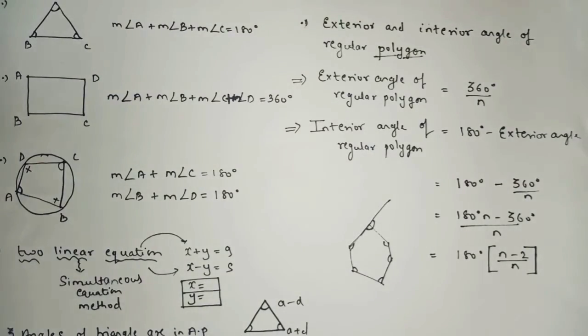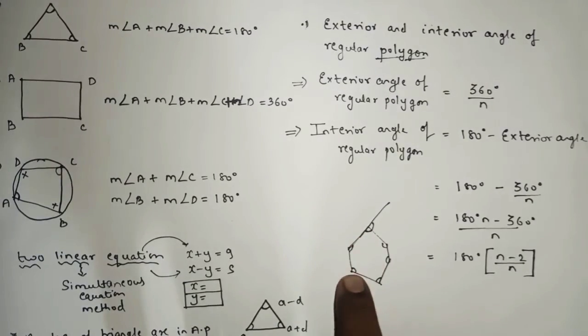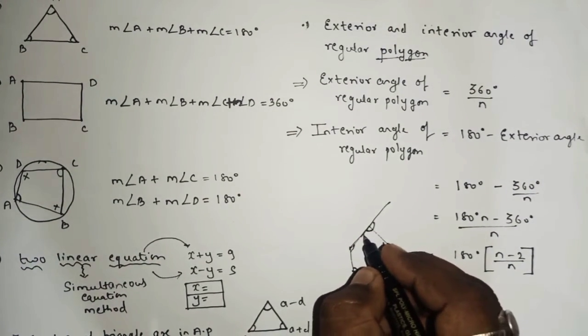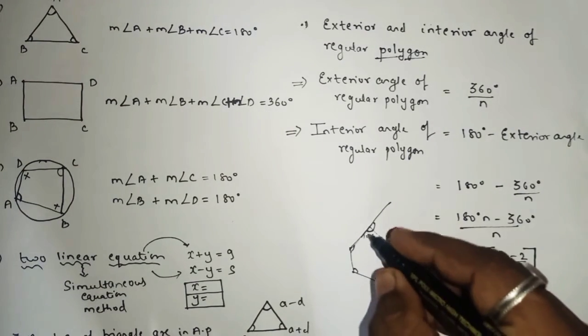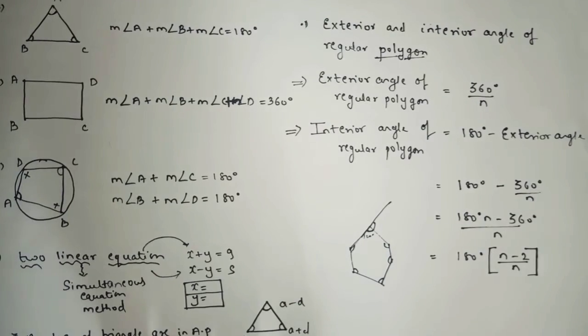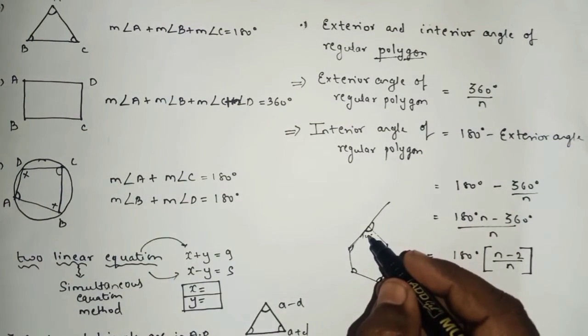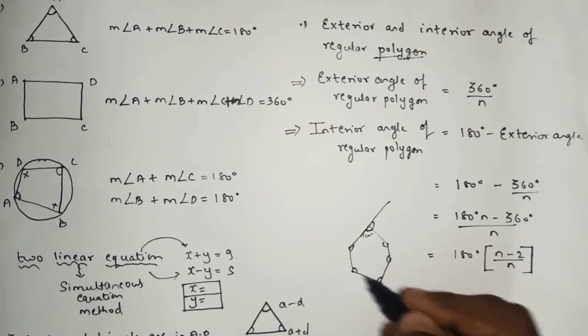For a hexagon the interior angle will be 120, and when you add the angles you get the sum. So this technique is how to find the exterior as well as the interior angle.